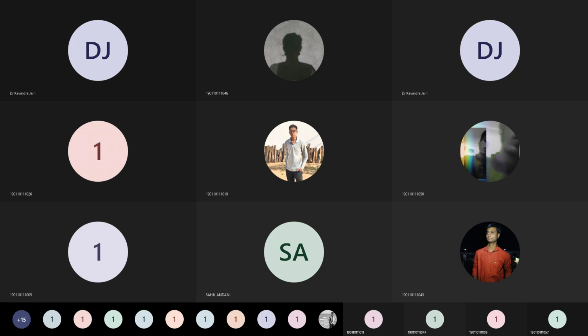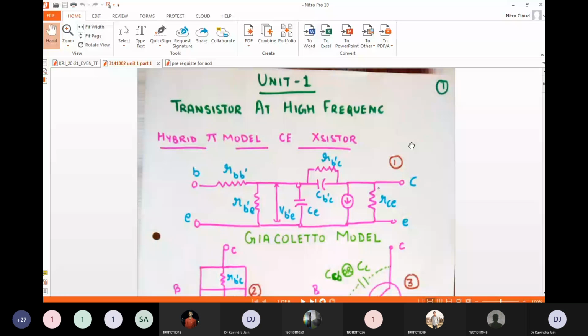Before we proceed for the first unit, first and foremost, you must understand what happens to transistor at low frequencies. Thereafter, we will see how the transistor reacts or operates at higher frequencies. All of you are kindly requested to note down a few points. I hope my voice is audible and the screen is clear.